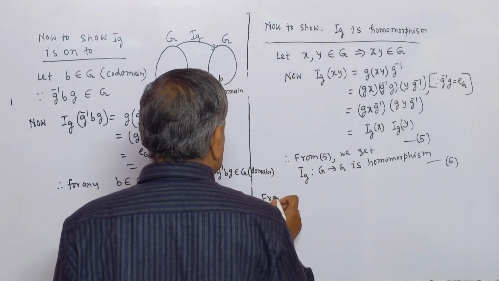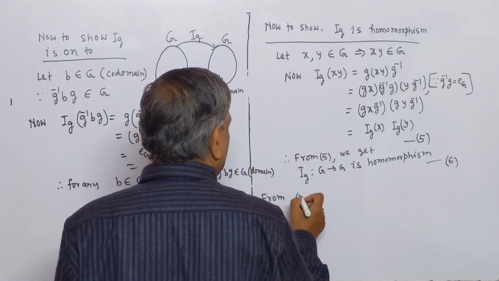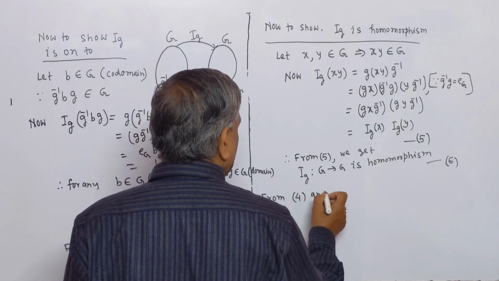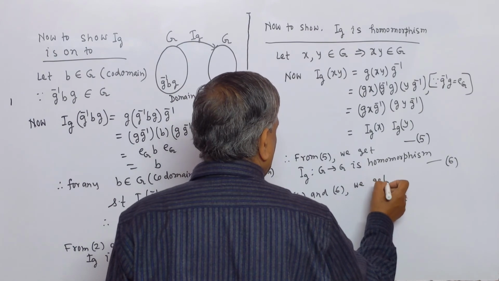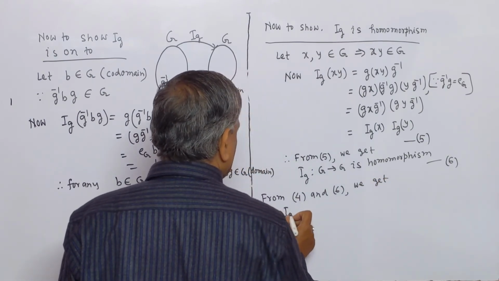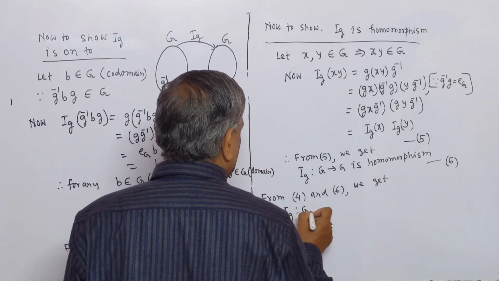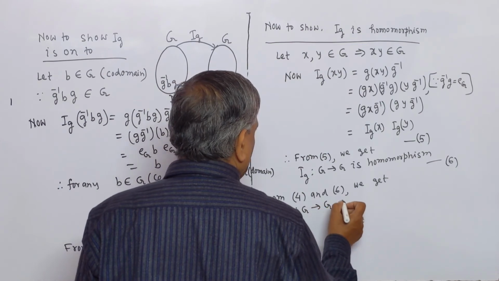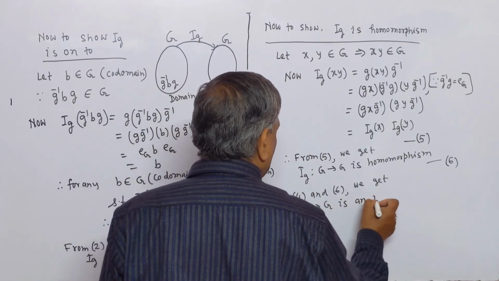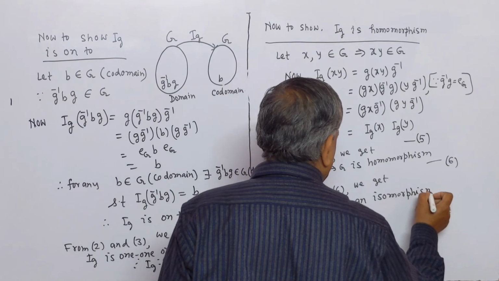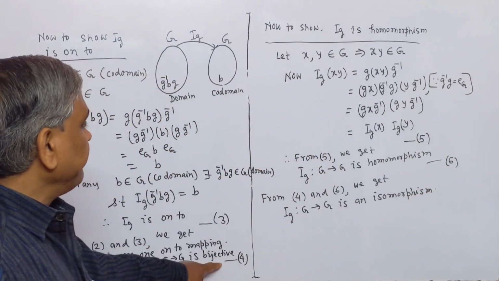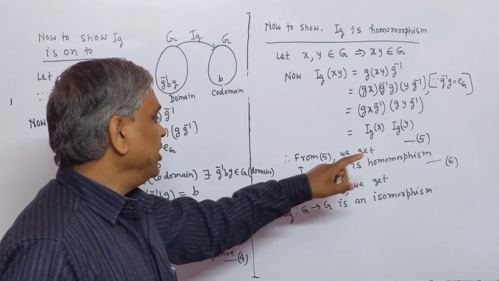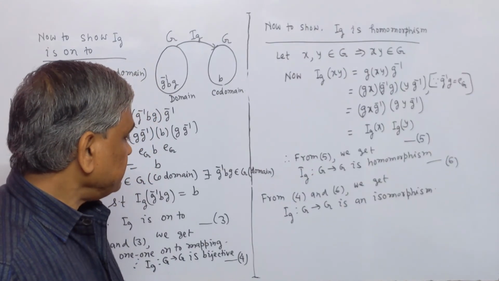From 4 and 6 we get I_g defined on G into G is an isomorphism, because from 4 I_g is bijective and from 6 I_g is a homomorphism.